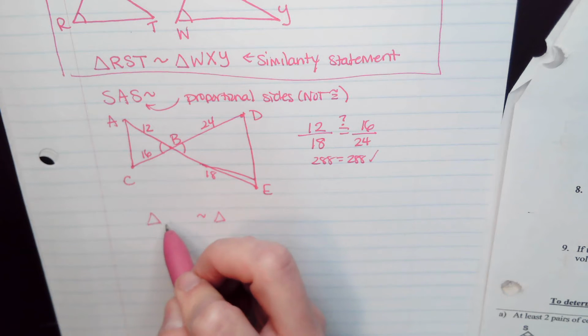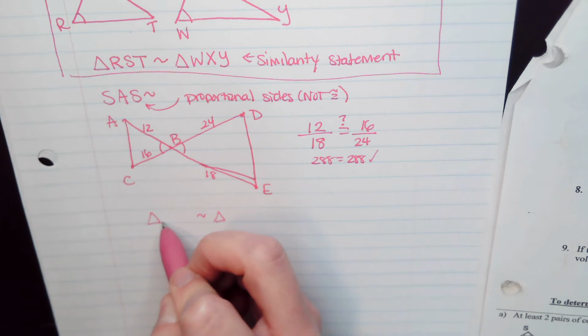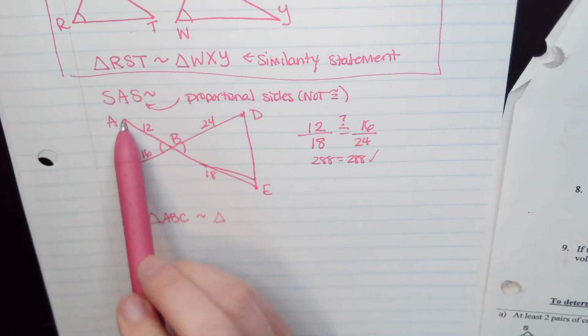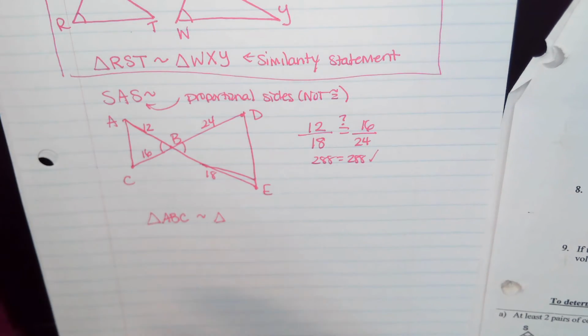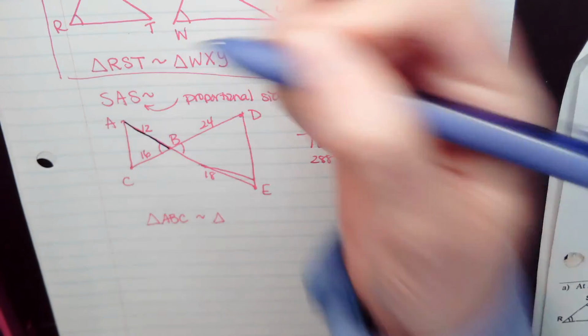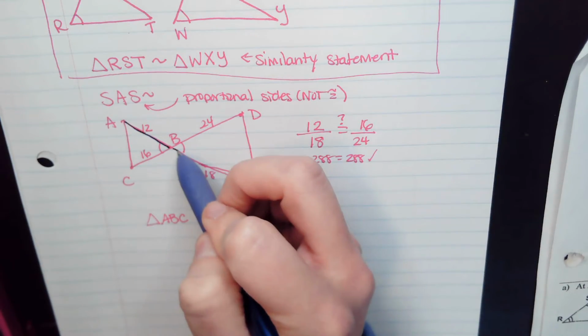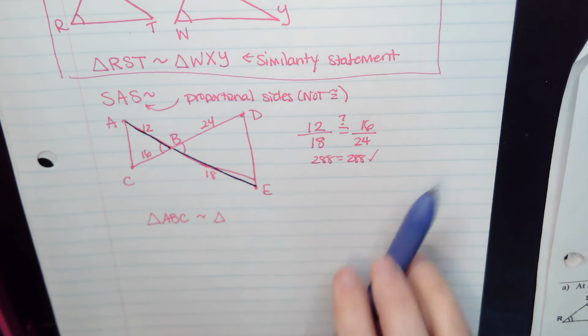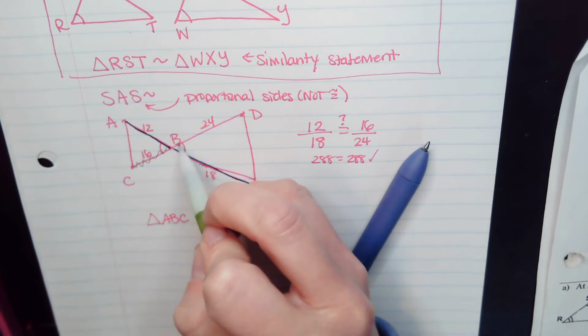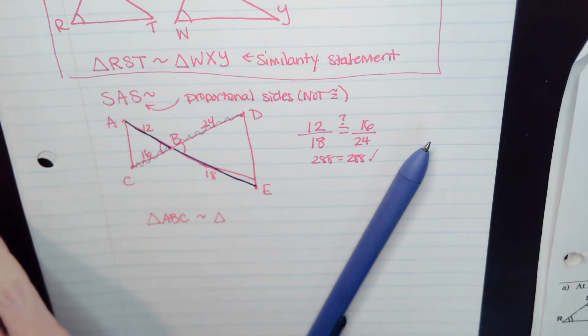All right, so to do that, you should have taken, let's take triangle ABC, we'll call the first one. And so I know that this side, and if it helps you, feel free to use some colors. So AB is proportional to EB, and 16 here is proportional to 24.